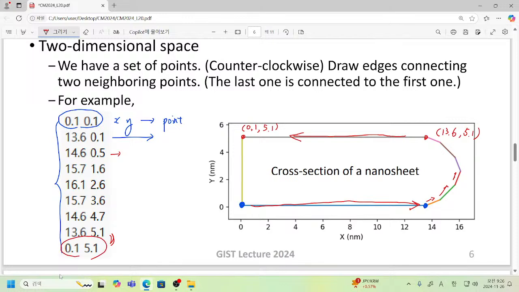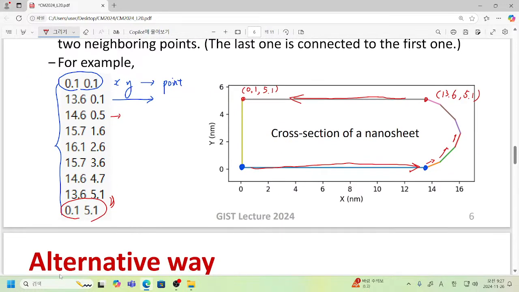Since we are talking not just about a line but a certain boundary surface, it is implicitly assumed that this last point is actually connected to the first point.